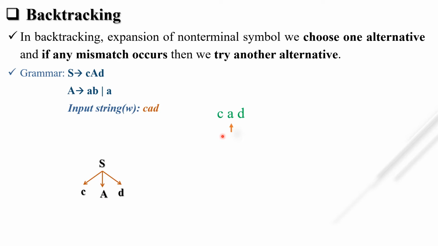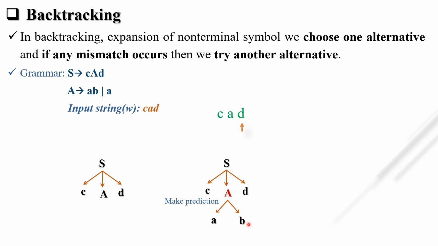Now by considering the next leaf which is labeled as capital A to expand next, we can expand capital A using the first alternative. Now small a is matched with the second symbol of our input string, hence we advance the pointer to small d and compare it with the next node which is labeled as small b.